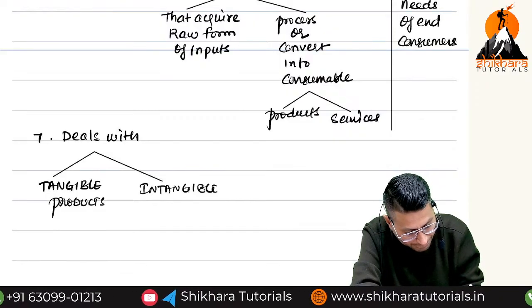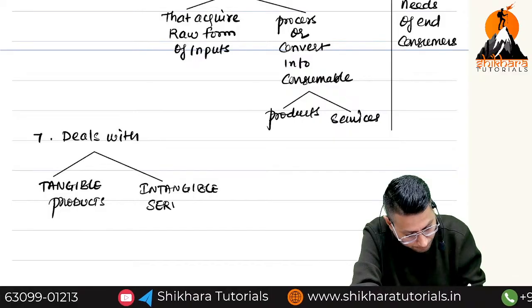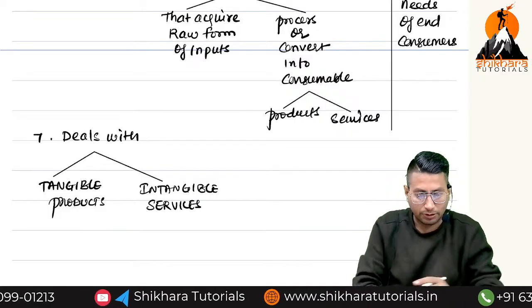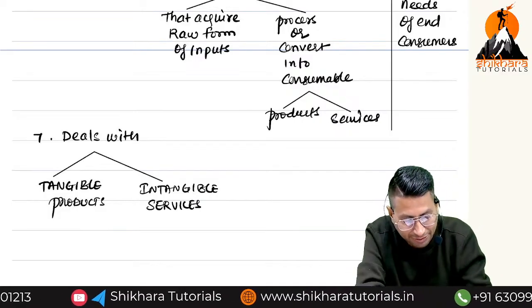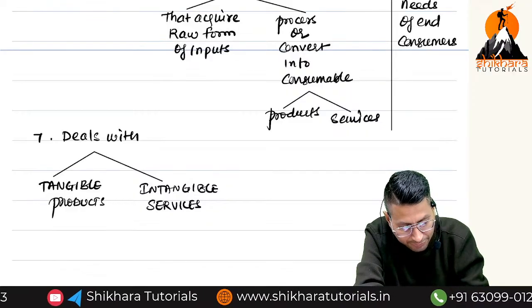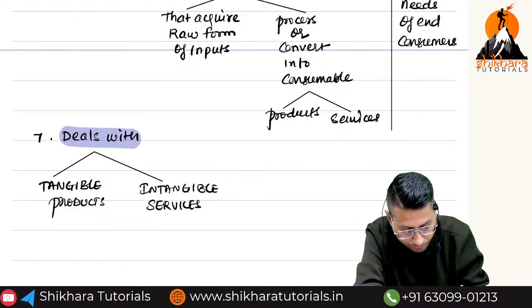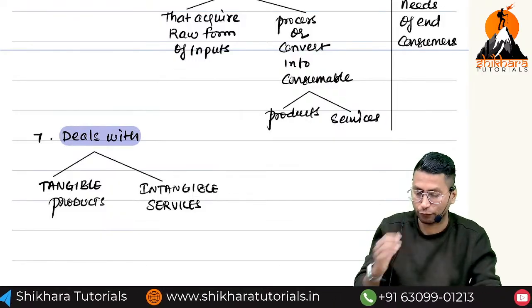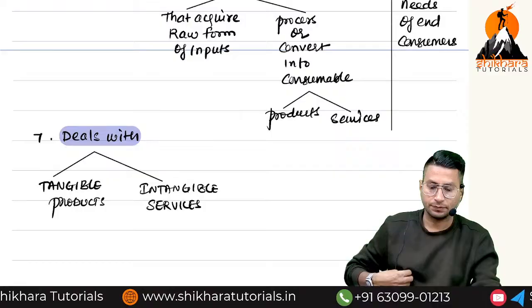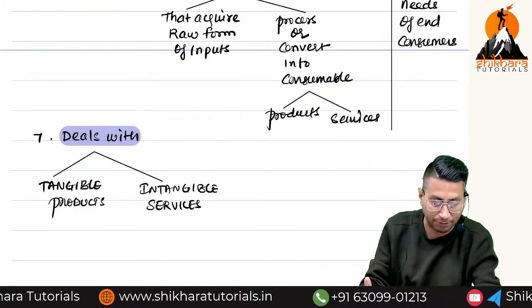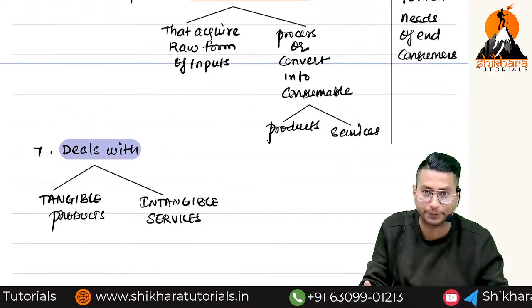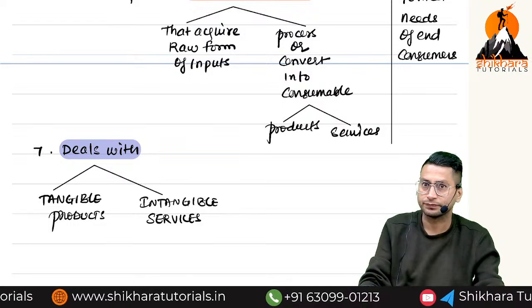It deals with intangible services also. Clear? So everything is covered. Tangible things and intangible things both are covered in OM. So understood the first 7 points? Simple. So these are the points you have to remember with respect to introduction to operations management. Clear? Done writing?